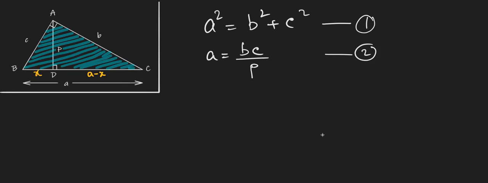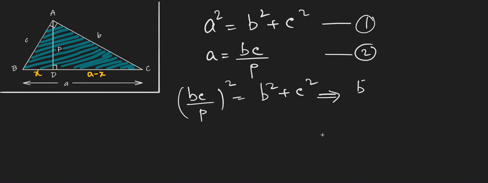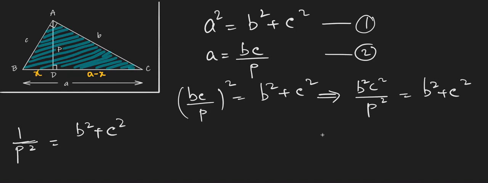So from 1 and 2, we can substitute the value of A and write the equation 1 as (BC divided by P) whole square is equal to B square plus C square, or B square C square divided by P square is equal to B square plus C square, which means 1 over P square, if we divide both sides by P square C square, is equal to B square plus C square divided by B square C square.